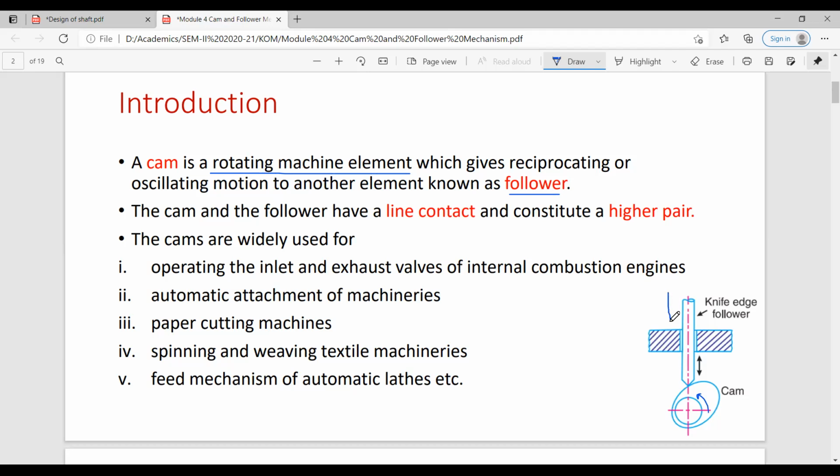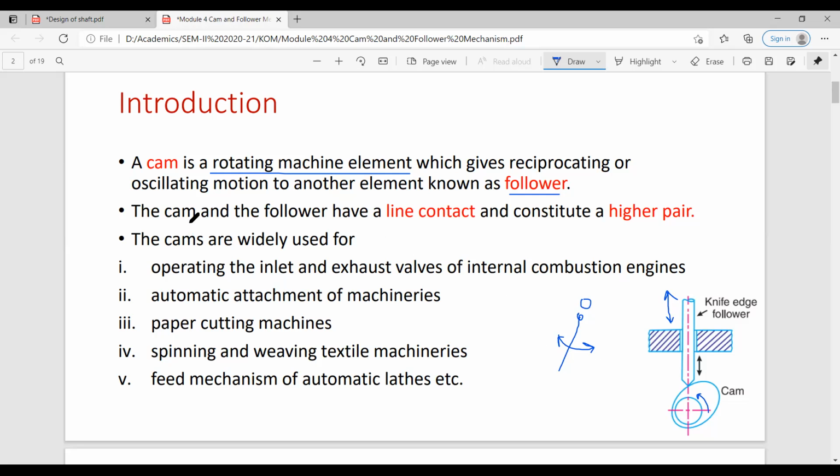But in oscillating motion, the follower will oscillate, say about some point O, in this way. It will swing about this point like this. That is also one kind of motion which can be achieved using the cam and follower.